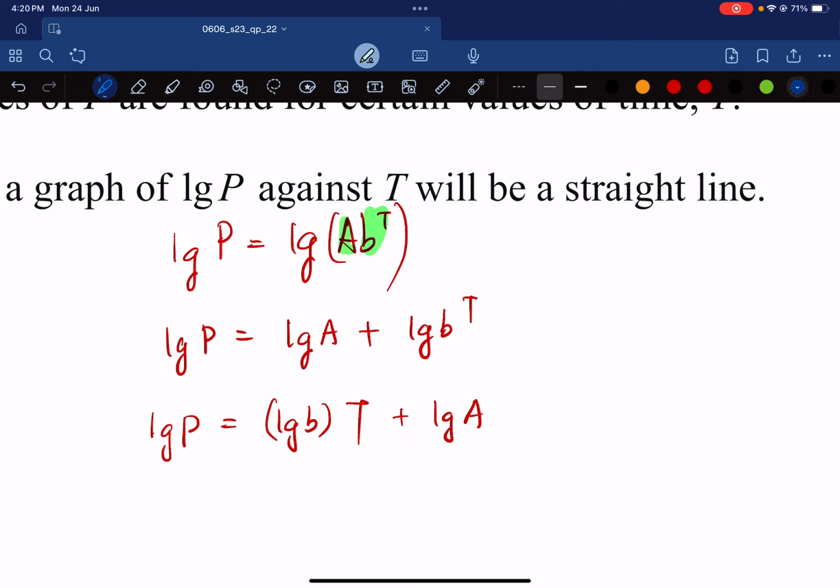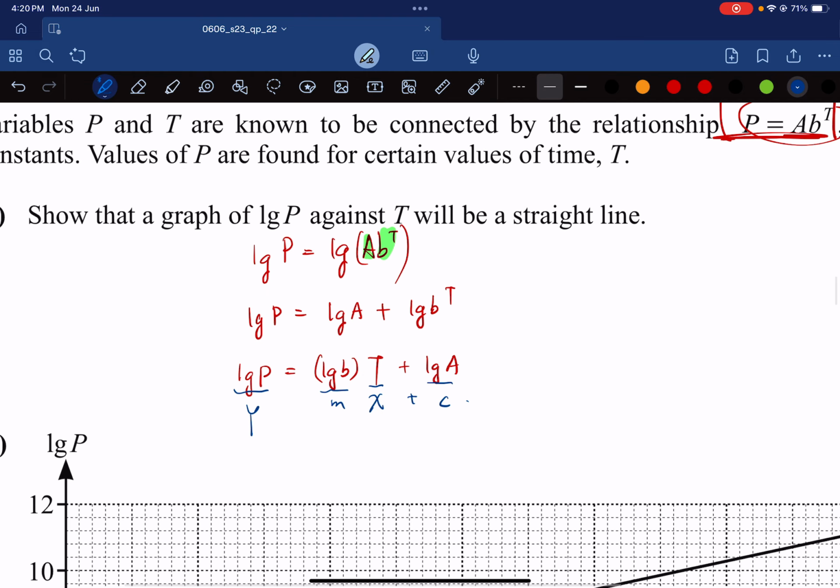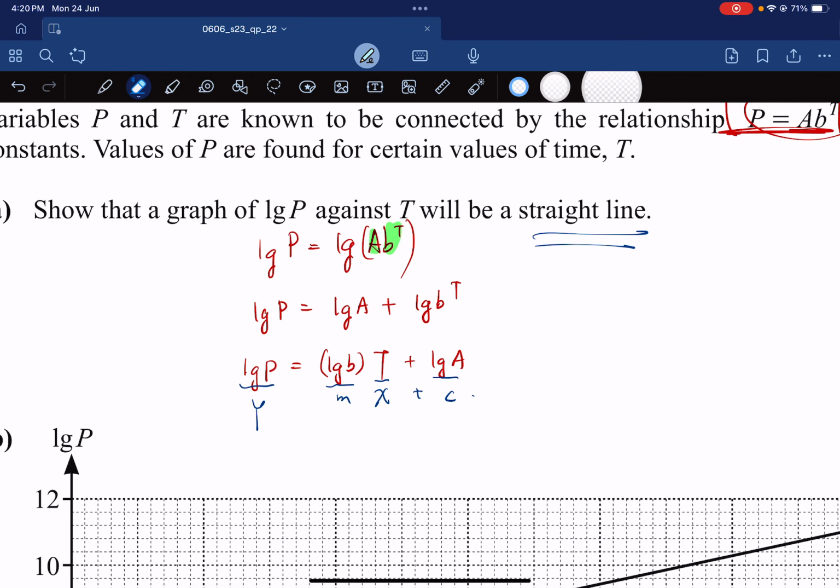So this would be our y equals mx plus c. Indeed, it's a straight line.